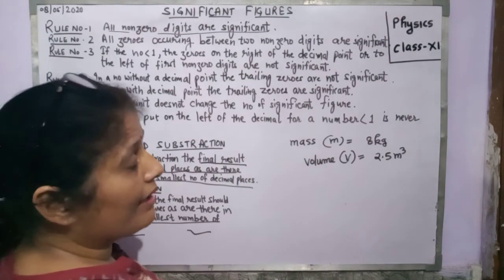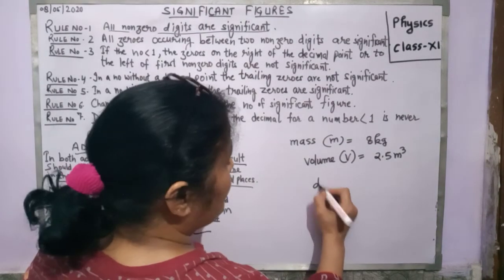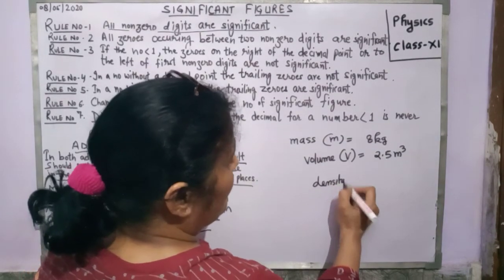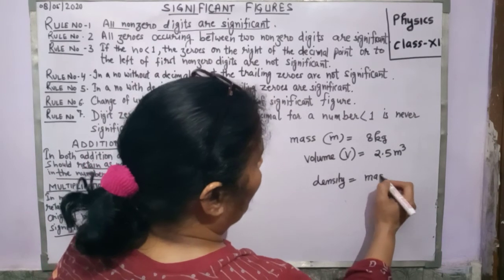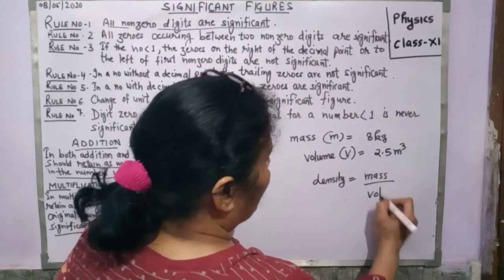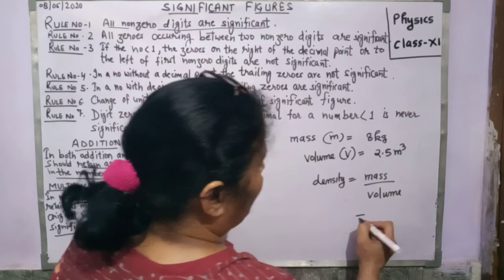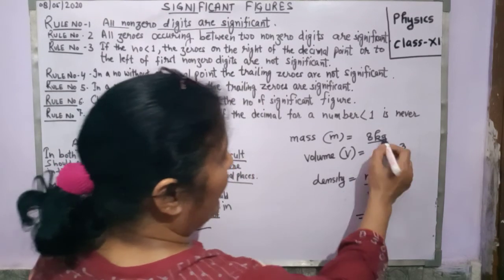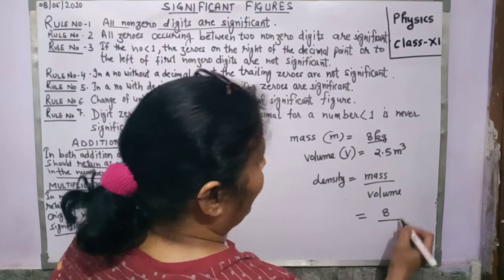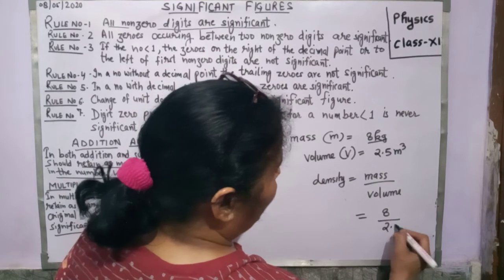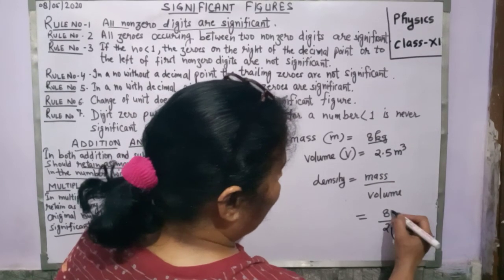How can the density be obtained? You know, density is equal to mass upon volume. This is the formula for density. We put the values here: 8 kg, 8 divided by the volume 2.5. The decimal is removed, here comes 0.